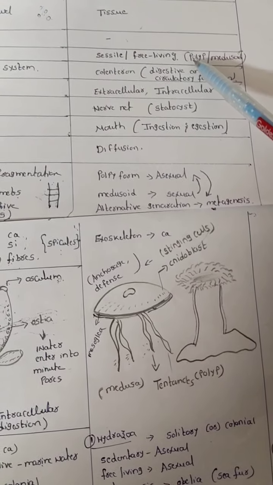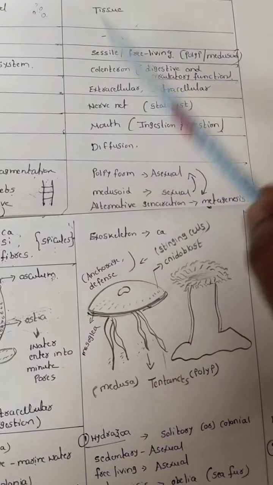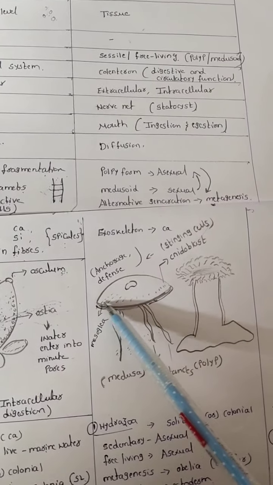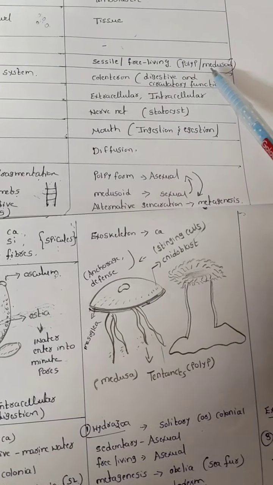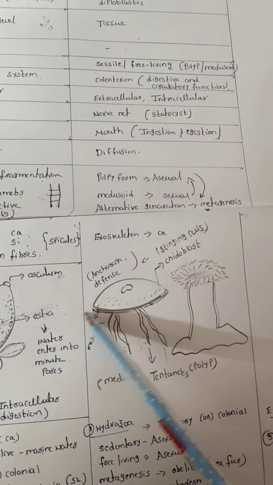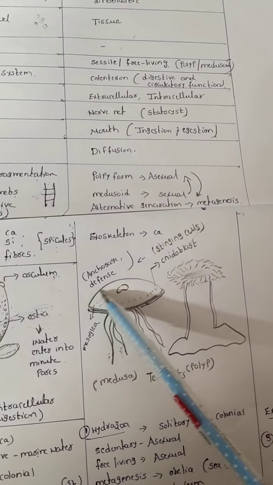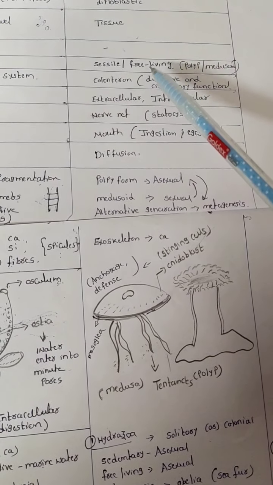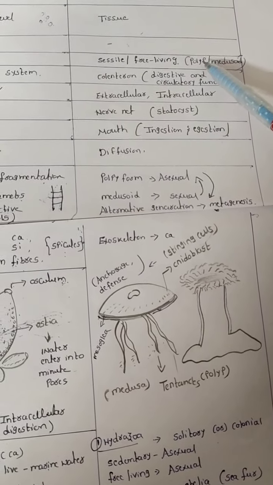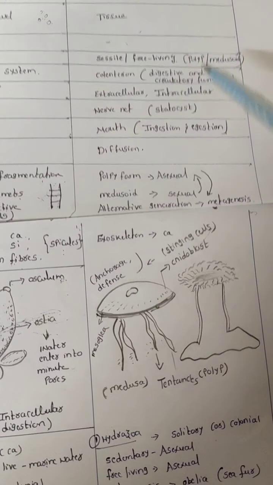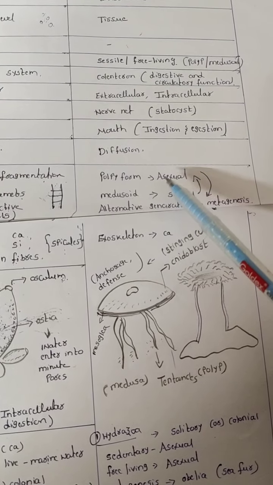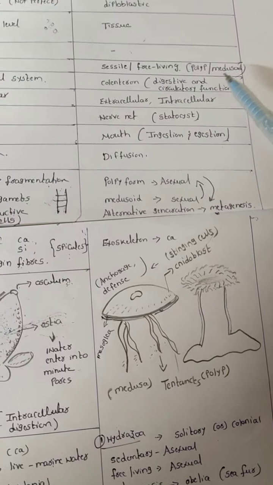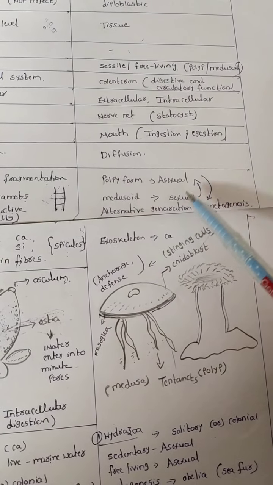That's why polyp organisms are not able to move. If the organism has a medusoid form, medusoid means umbrella shaped, this organism is freely living. Keep in mind, polyps undergo asexual reproduction. Medusoid forms undergo sexual reproduction.